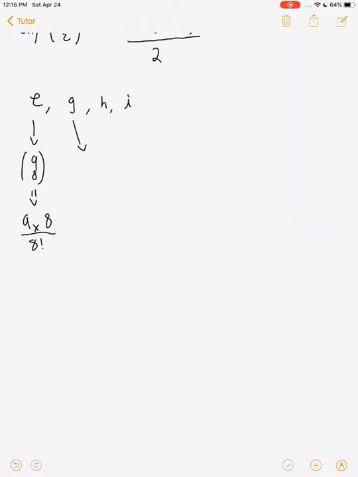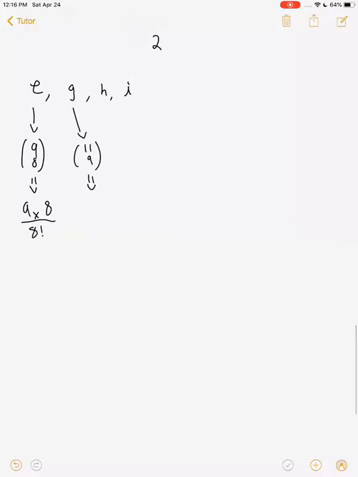G, I got 11 times 11 minus 1, which is 11 times 10 divided by 9 factorial. Okay, so you got 11 times 10 over 9 factorial.